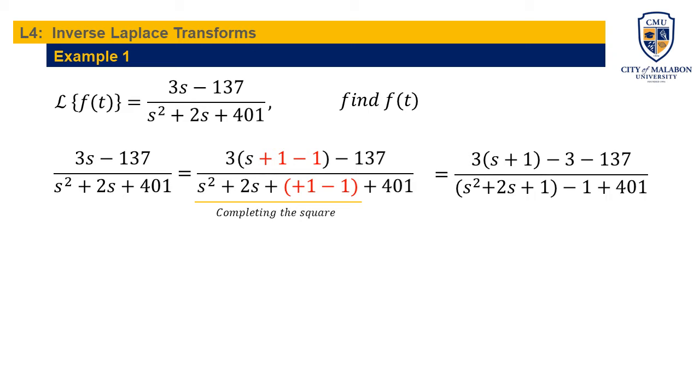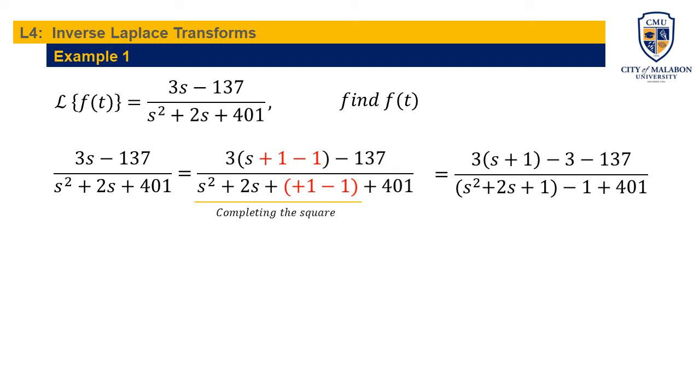Kasi sa baba, pag kinompleto rin natin yung square, meron tayong makikita s squared plus 2s plus 1, which will now become s plus 1 quantity squared. So, very strategic yung pag-complete ng square. So, ganun din sa numerator. So, hanggat maaari, same yung same terms para mas madali natin ma-solve yung inverse.